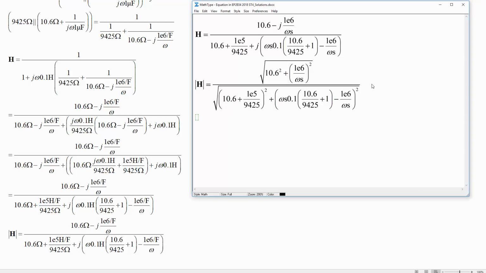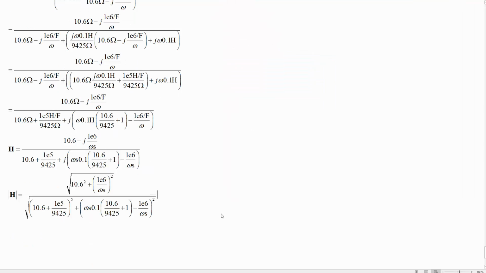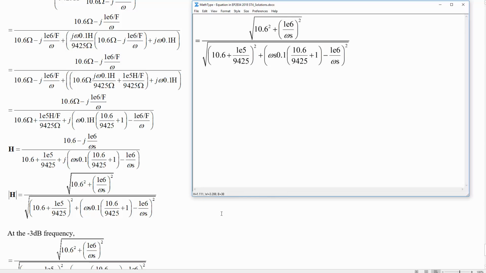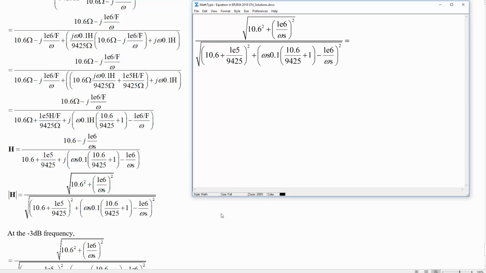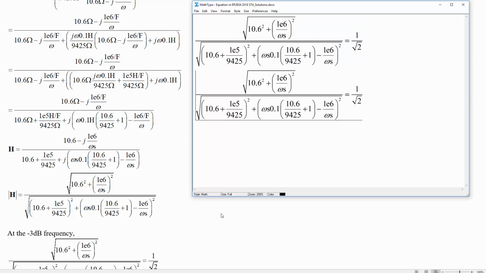And what we're doing here is looking for where this is equal to 1 over root 2. So at the 3 dB frequency, we need this thing to equal 1 over root 2, because again, the gain in the passband was 1, so we just need this to be 1 over root 2 rather than something else over root 2.